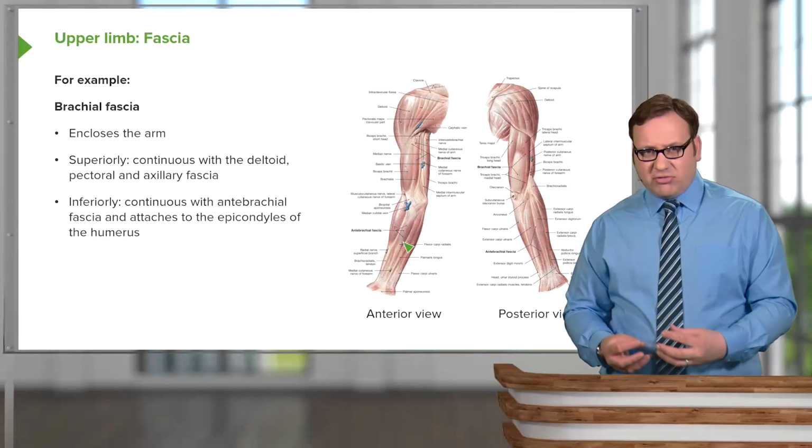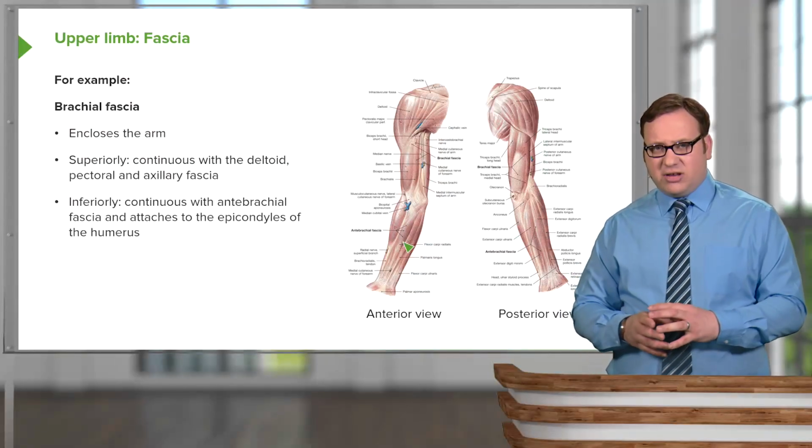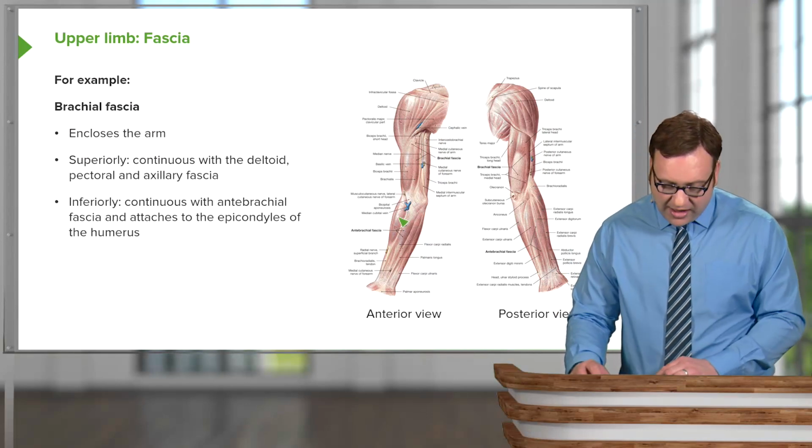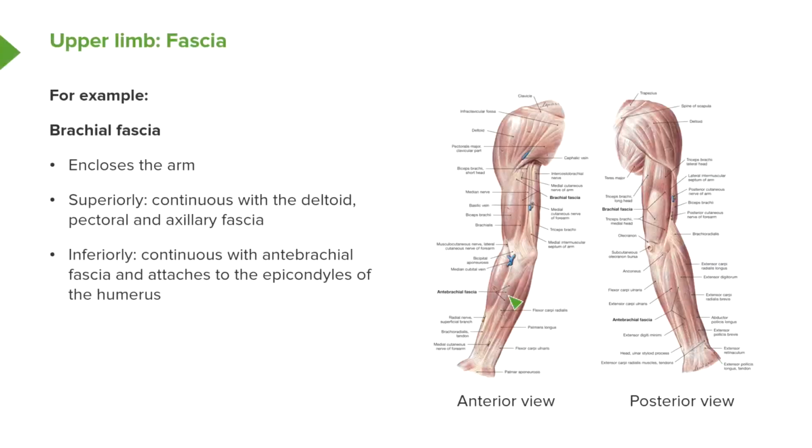Now, antebrachial indicates the fascia surrounding the forearm. So here we have the anterior aspect of the forearm, and we have the antebrachial fascia covering it. And we can see we've got this continuous layer. It's also the brachial fascia attaching to the epicondyles of the humerus, and this helps to anchor it down in position. And we'll talk about that later on when we mention the bicipital aponeurosis.